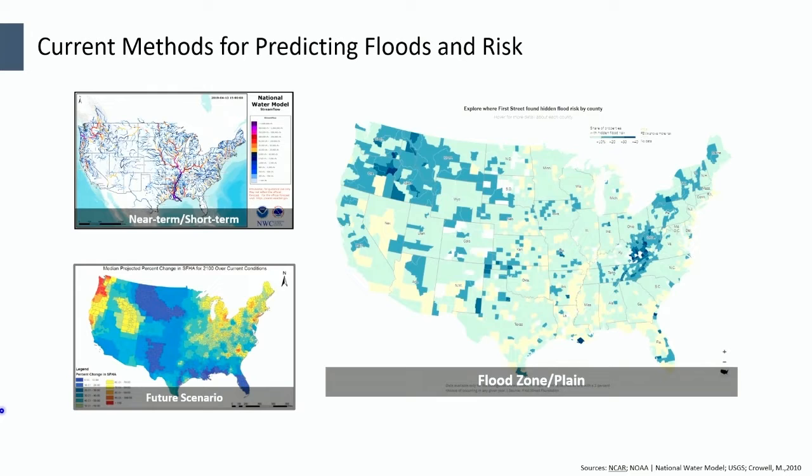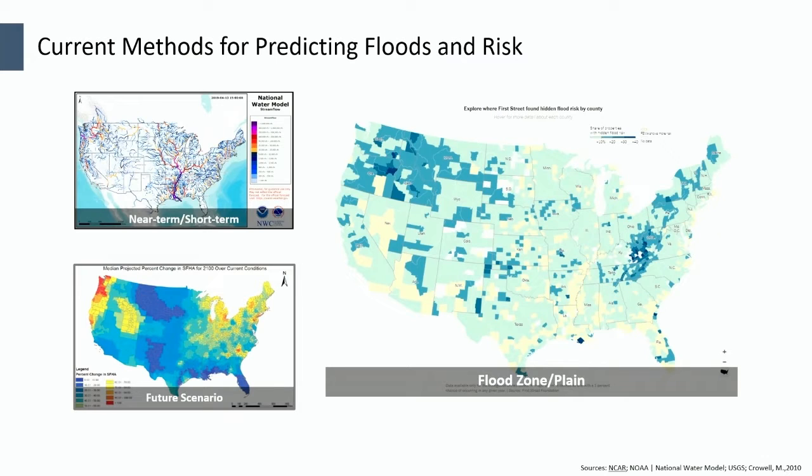Then you have the other end of the spectrum where you have future scenarios. So you have your 20, 30, 50, even 100-year predictions, usually at a county level, where you'll know the risk for a certain location, but way into the future. And then one of the most common types of maps, often the one presented by FEMA, is this flood zone, floodplain map.